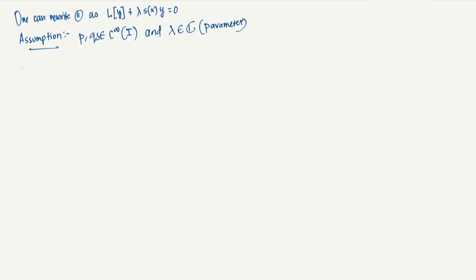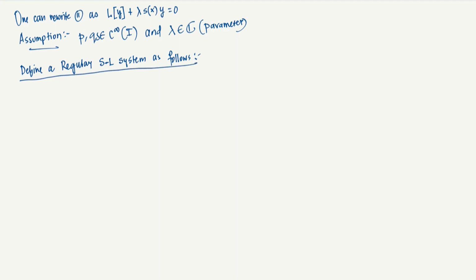So we'll define a regular Sturm Liouville system. I don't want to write Sturm Liouville all the time, so I will write it as SL, regular SL system, as follows. System means an equation with some data.